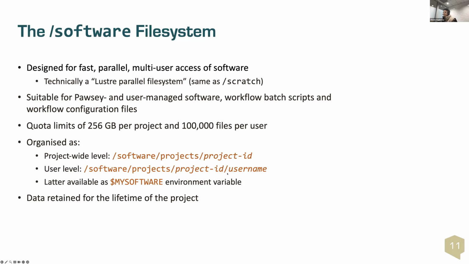If the software is going to be used by many members of your project, then it is better to install that software in the level above your username. So basically in software, projects, and the project ID, and make it available to everyone. And that is not purged. And there are also quota limits for software.